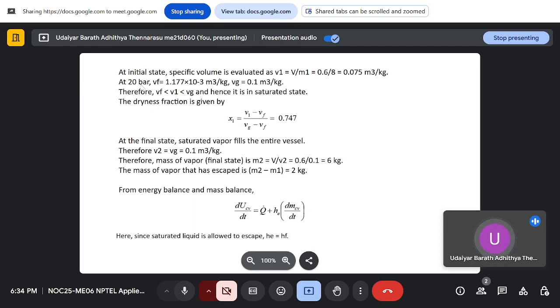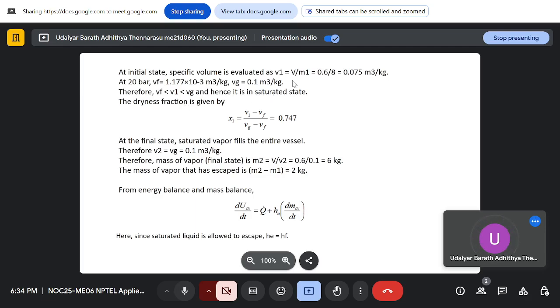At 20 bar, the specific volume of liquid is 1.177 into 10 power minus 3 meter cube per kg, and for saturated steam it is 0.1 meter cube per kg. We see the volume lies between these two, so it should be a two-phase mixture of both.